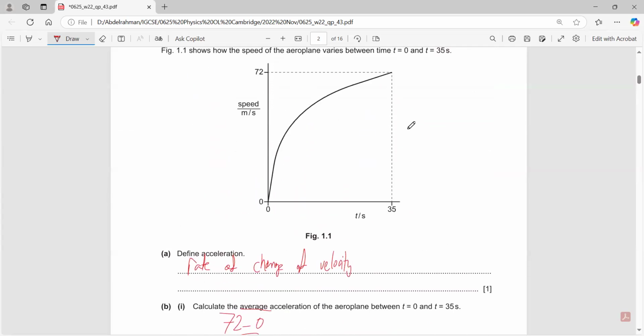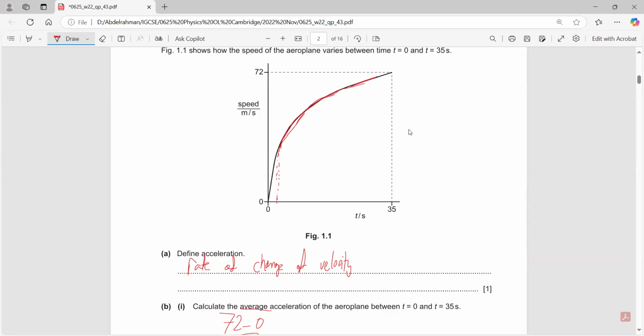Initially, the aircraft was moving with a constant acceleration.